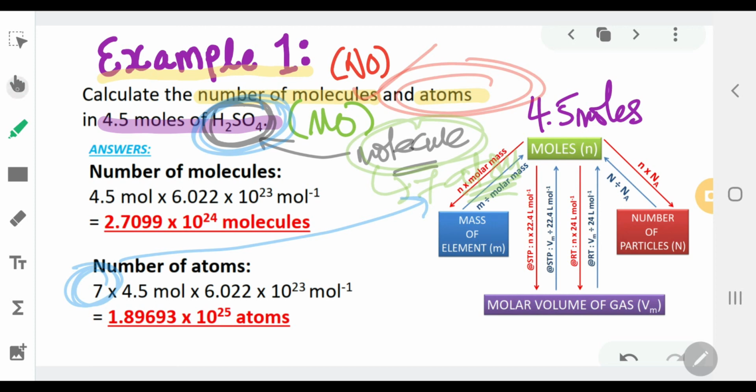And remember, in 4.5 moles, we have a lot more H2SO4 molecules. So this is the number. Remember, in 4.5 mole right now, you have this many H2SO4 molecules. So when you want to find atoms, times by 7, then you'll get the number of atoms.